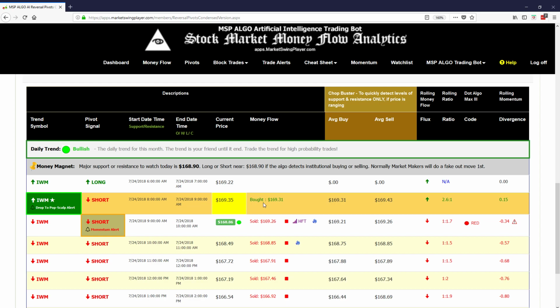And I could see the money flow. So I could see that between this time frame, there was a buy near the 169.31. So not much going on. But let's see what the alert is trying to tell us.